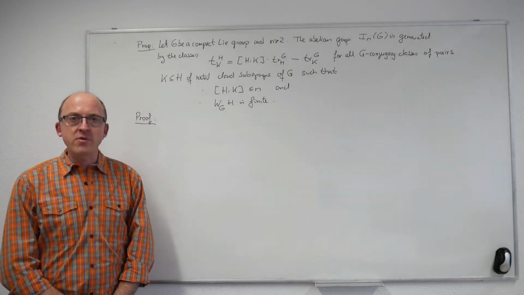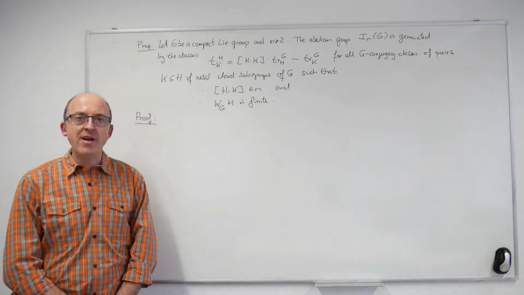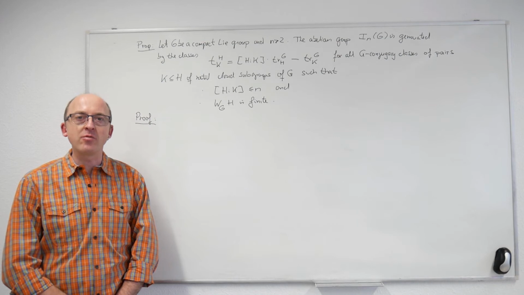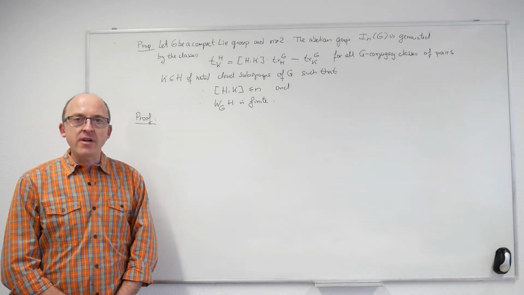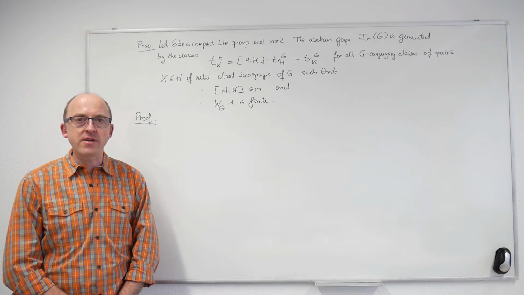The proof of the proposition depends crucially on the fact that we have this explicit understanding of what global functors are, or equivalently that we have this presentation of the global Burnside category in terms of transfers and restrictions.